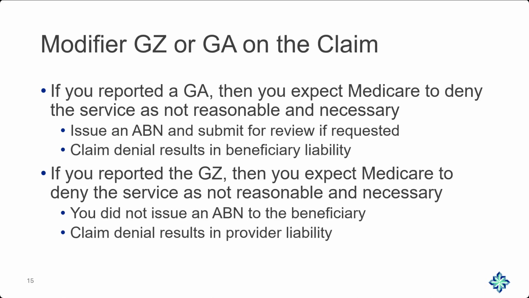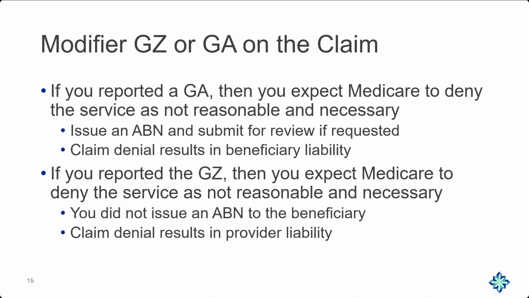That's going to indicate that the patient knows if Medicare does not pay for this service that they are financially liable. So in other words, a claim denial is going to result in the beneficiary being liable for the claim.